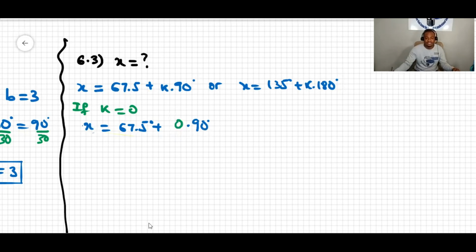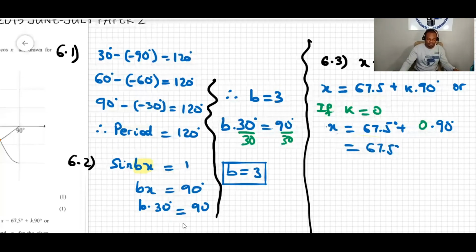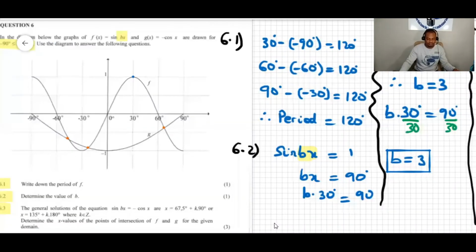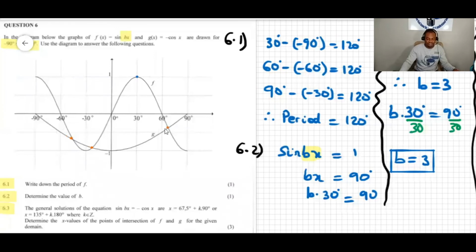Because k is an integer, we can sub in integer values for k, and this is equal to 67.5 degrees. Yes, this is one of the intersection points. If you look at the graph, this is the 67.5 degrees, one of the intersection points. So we need to find the other intersection points.